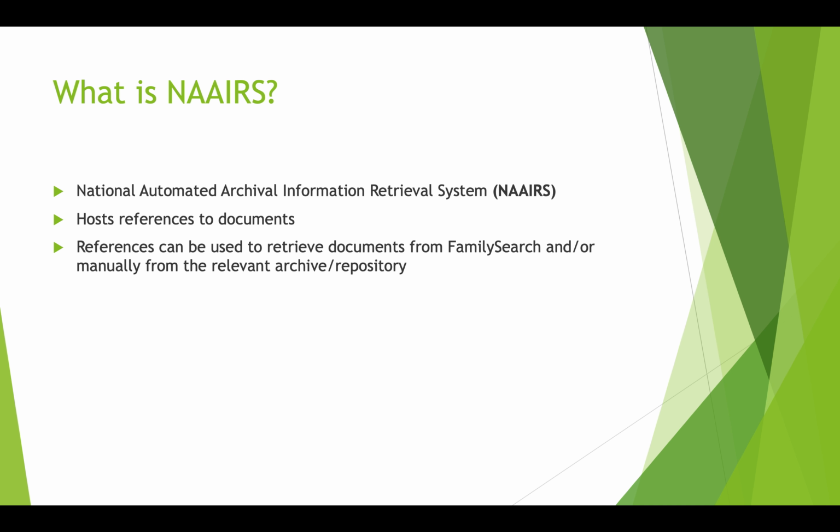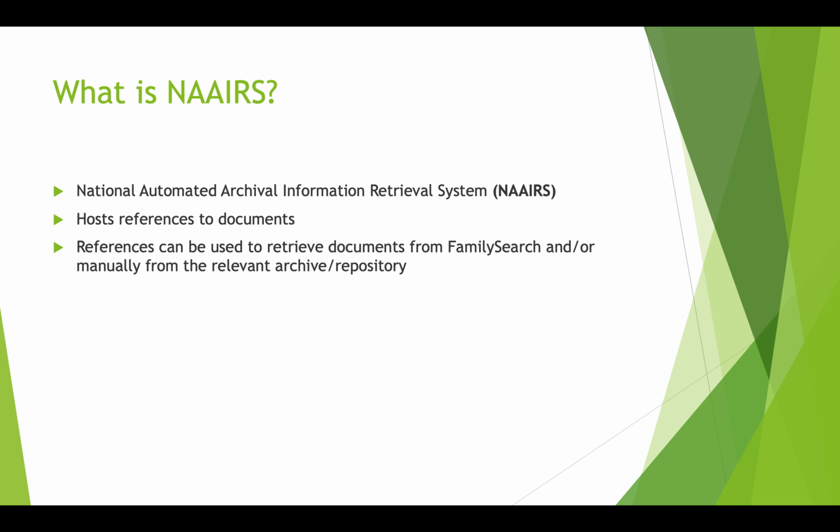So say estate files, there's a plethora of references to estate files on FamilySearch, and for the most part, most of them you can retrieve online at FamilySearch free of charge. There will be the odd occasion where you have to fork out some money to a pro genealogist, and for a small fee, they will retrieve the documents for you from the relevant archive.